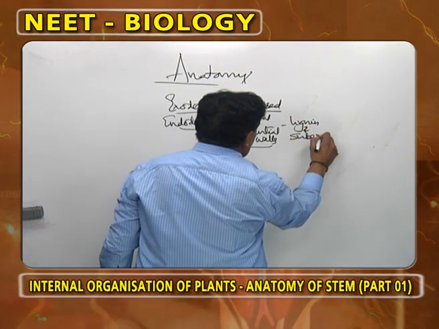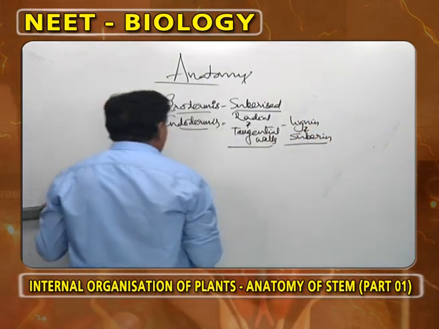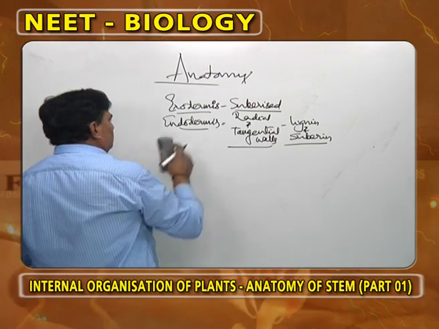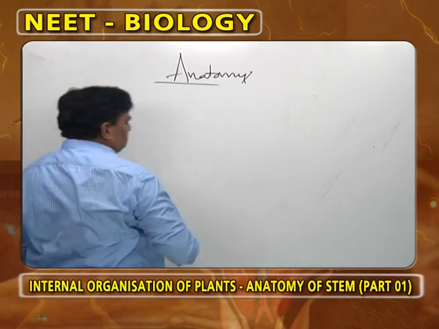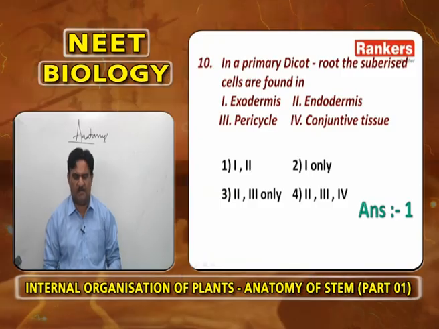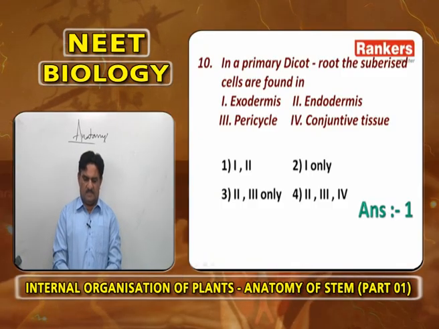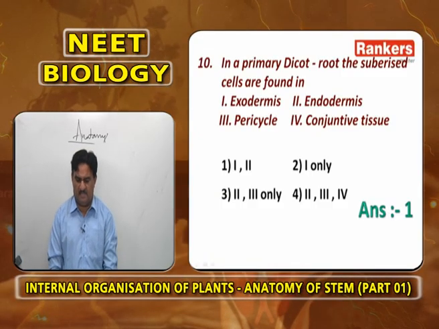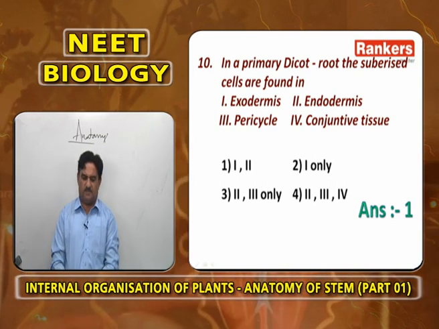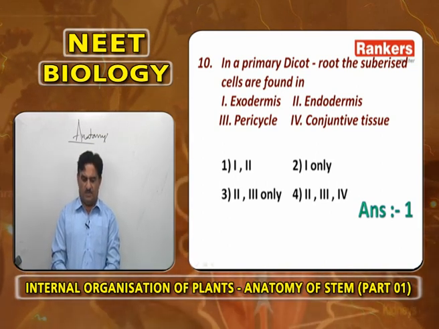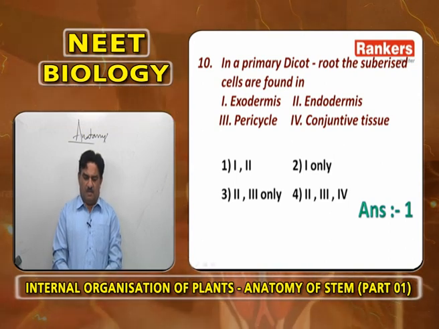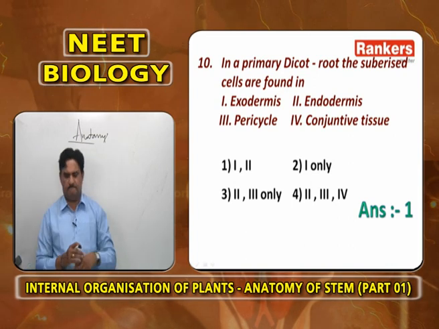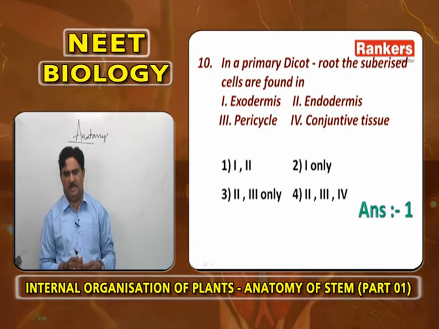Those ligno-suberized bands are called Casparian bands. So according to this question, in a primary dicot root the suberized cells present are the exodermis and the endodermis. Pericycle is a dead tissue and conjunctive tissue is a parenchyma tissue which does not show suberin. So suberin depositions are found in exodermis and endodermis.